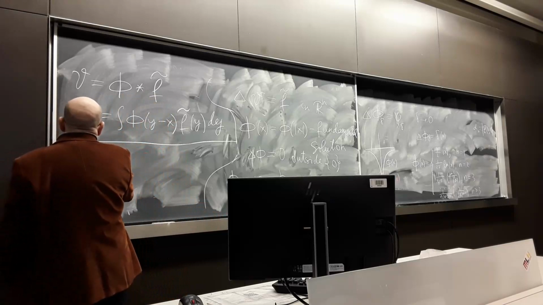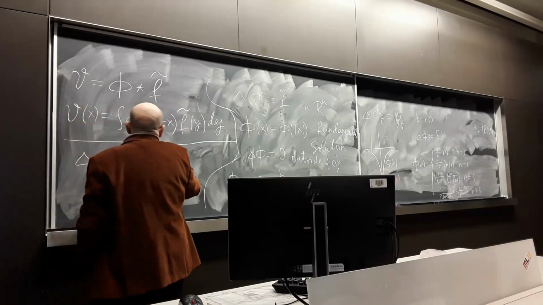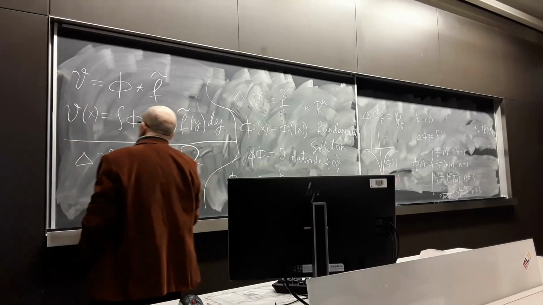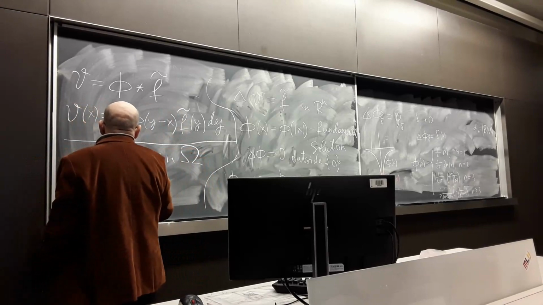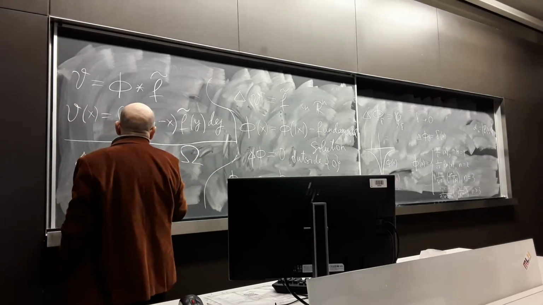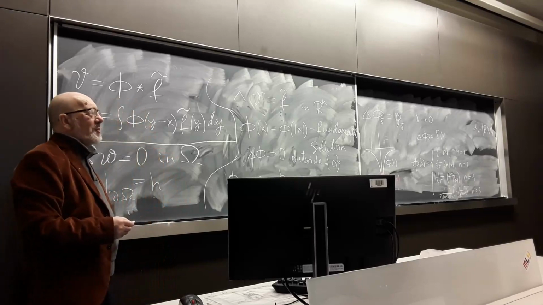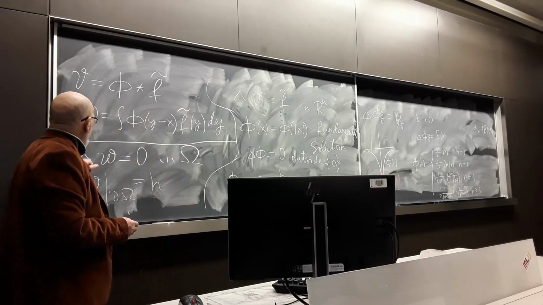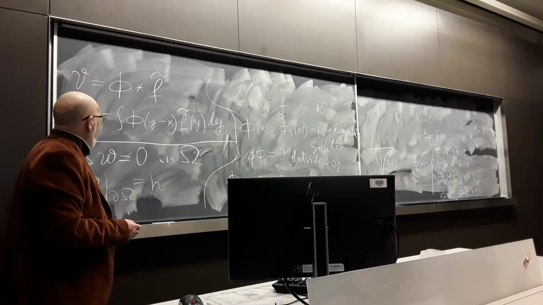is the following problem: Laplacian W equals 0 in omega, and W on the boundary equals a given function h. So this is the Dirichlet problem. Everything is reduced to this problem.